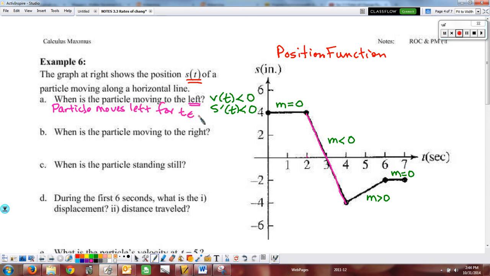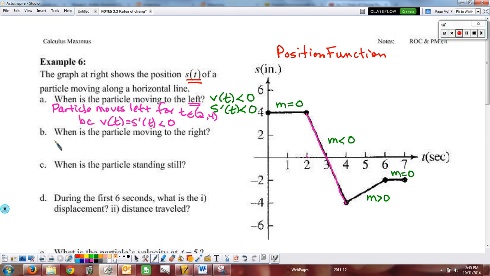for time t an element of 2 to 4, and if they ask for a reason, you would say because v of t equal to s prime of t is less than 0. So that would be our answer and our justification.